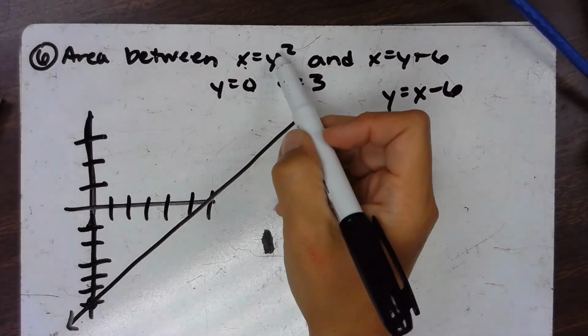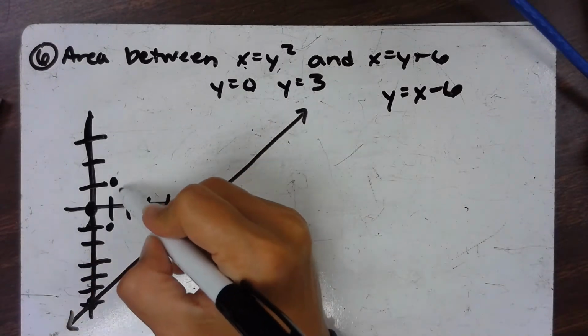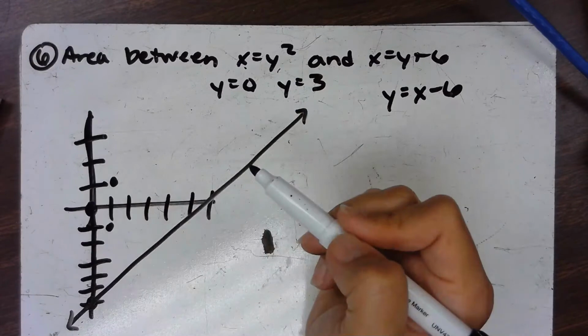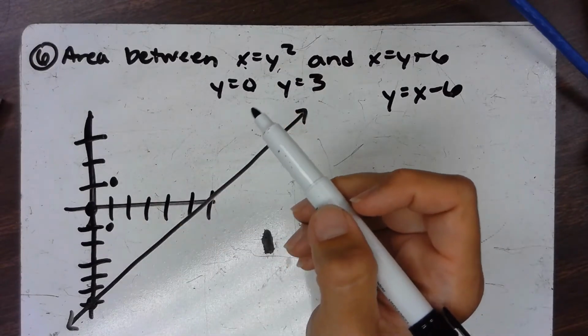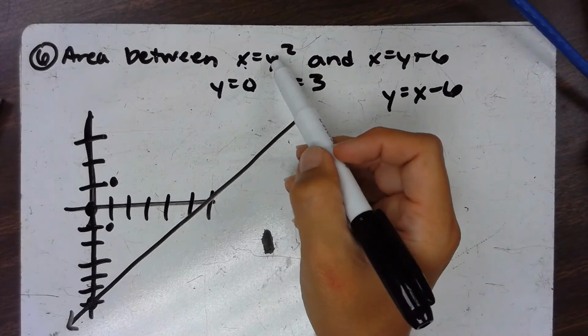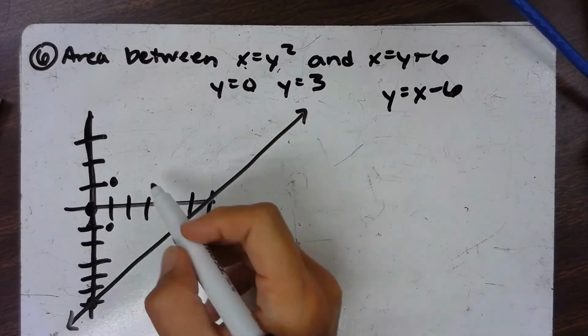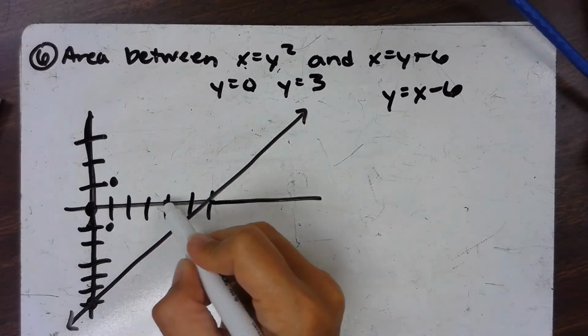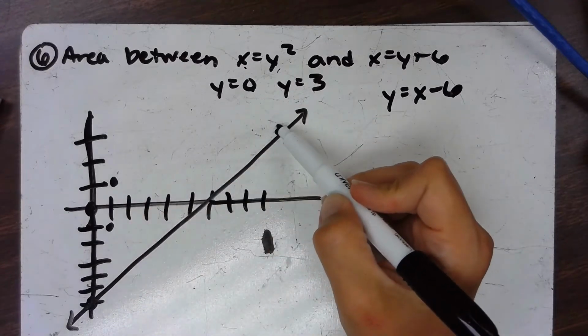Now, this one is a sideways parabola. Think about this: if I put in 3, what you really want is 3 squared, which is 9. When y is 3, this is 9.